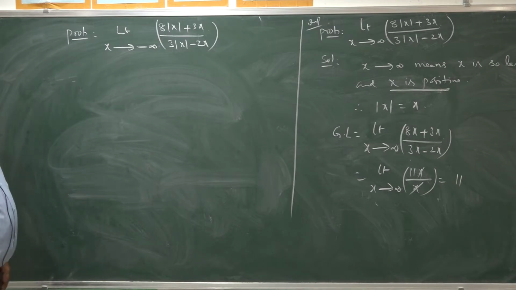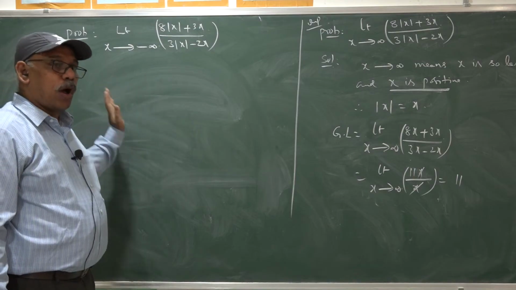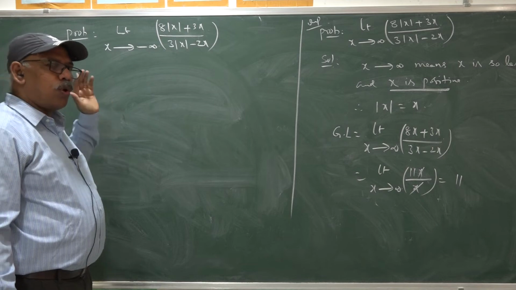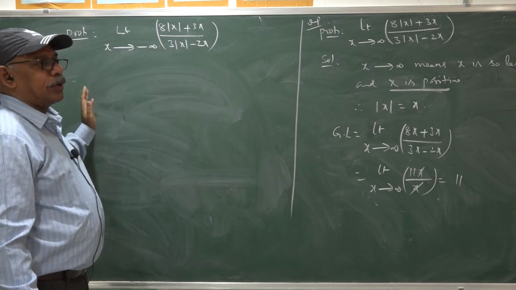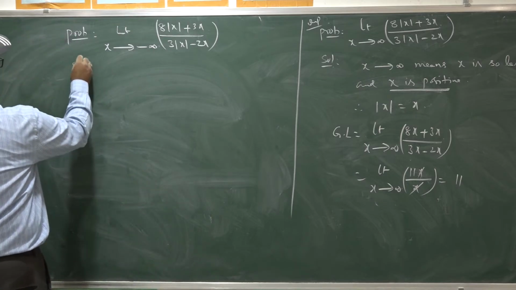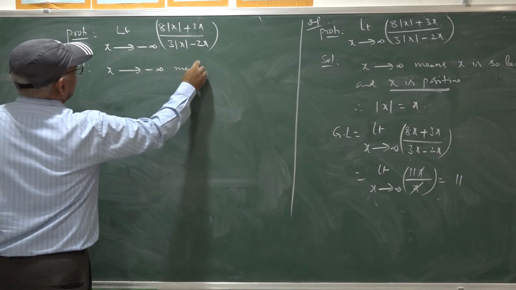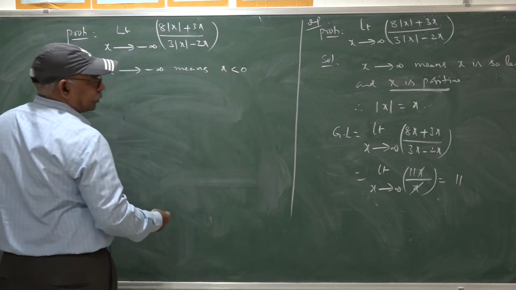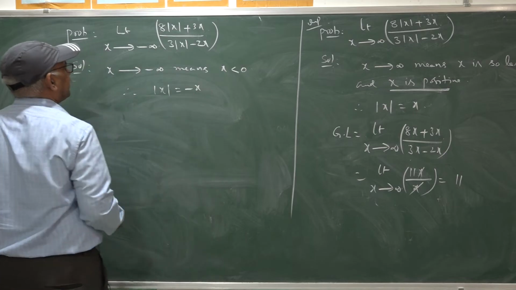As x goes to minus infinity, x is so small and negative. So x goes to minus infinity means x is negative, x is less than 0. Therefore, |x| takes the value minus x.